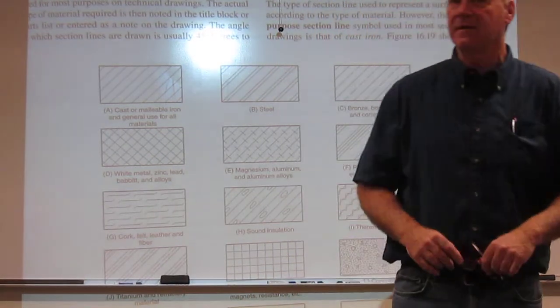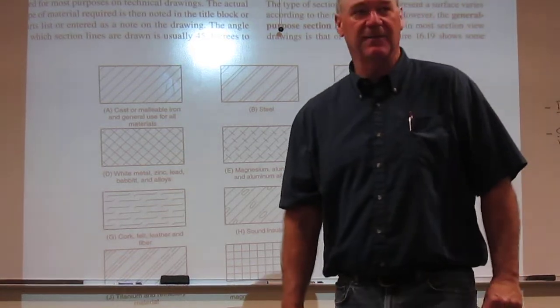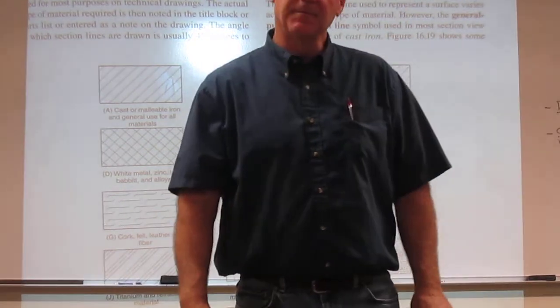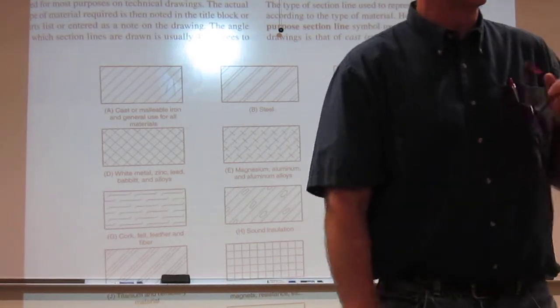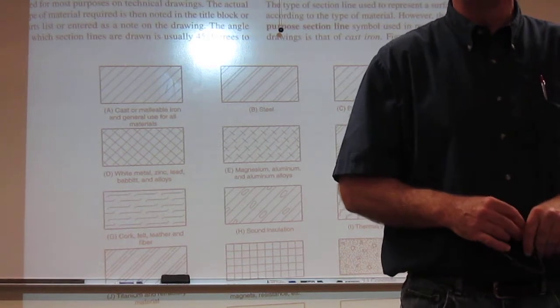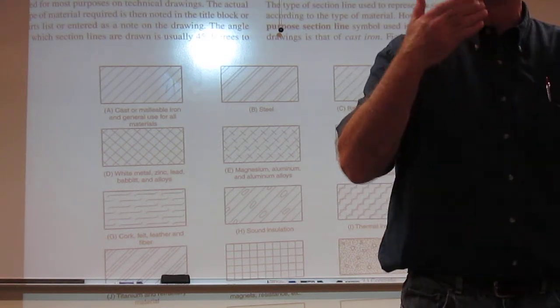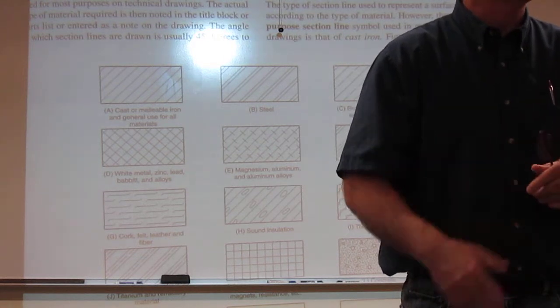If we know the actual material, then we use the pattern that is associated with that material. Keep in mind, we don't always know the material. So if we don't know what the material is, we can use a pattern, and it's symbolic in nature, just to represent that there is a cut or a surface created by the cut.